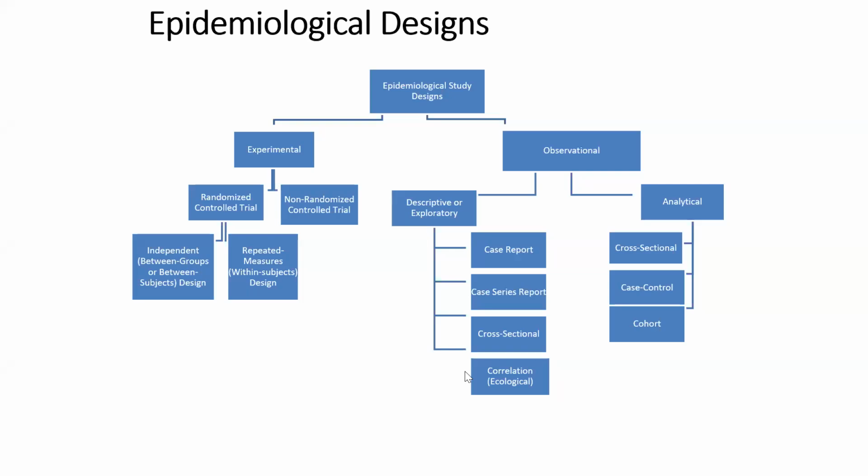Lung cancer cases will be your cases. People that do not have lung cancer will be your controls. Please do not ever use cases and controls with a cohort study. It is cohort 1, cohort 2. It is in case control that you say you have cases and controls.